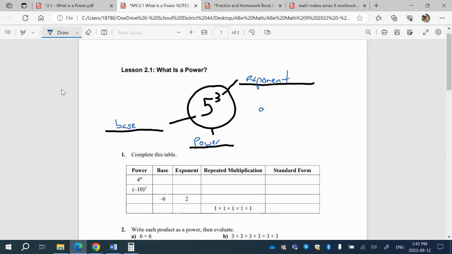So this is all a compact way of showing repeated multiplication.